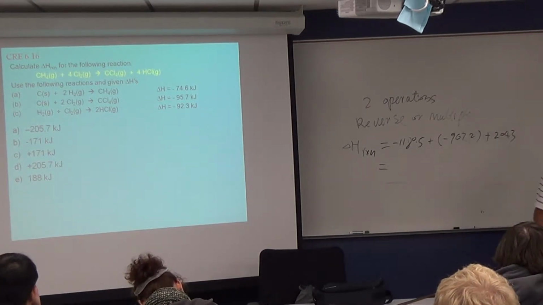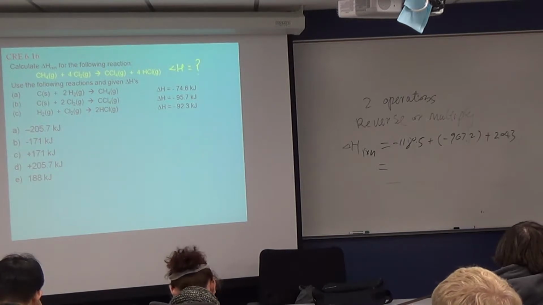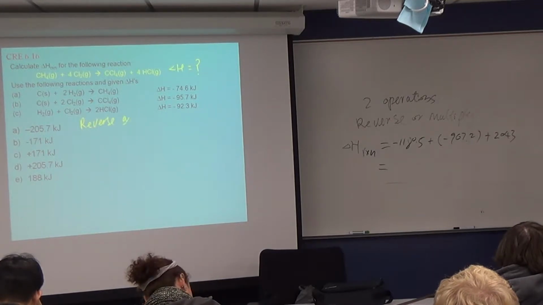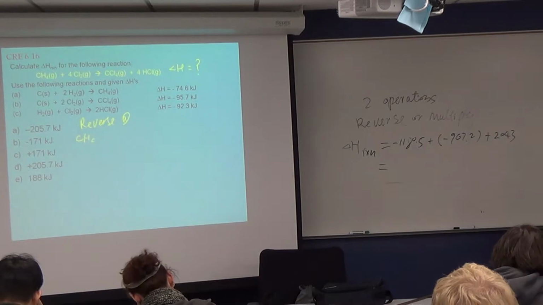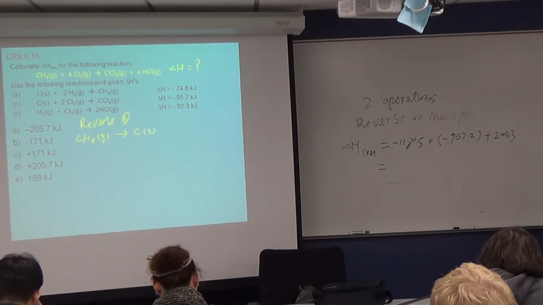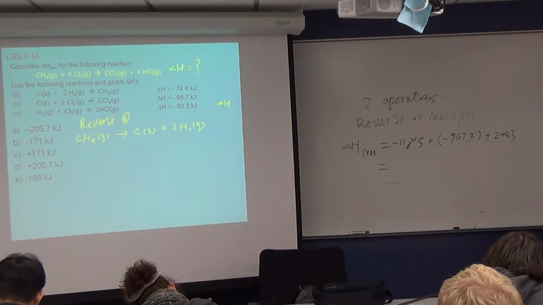Okay, so what I said is we call them A, B, C. This is delta H, which we don't know. What we said is reverse A. Reverse A, and you will get CH4 gas producing carbon solid plus 2H2 gas. And since those are delta H, I just put them on top.